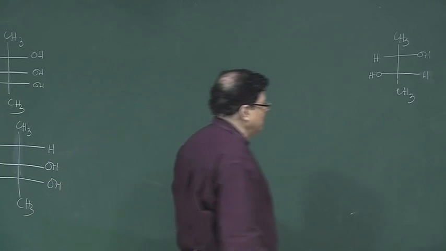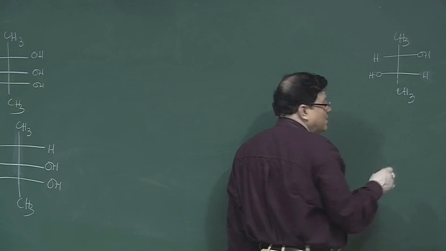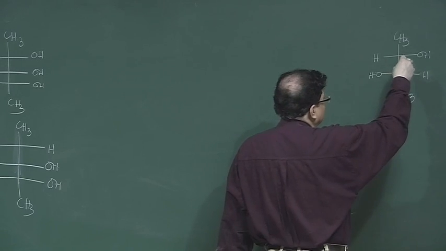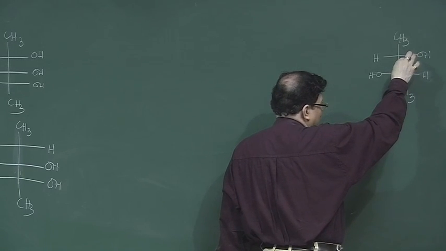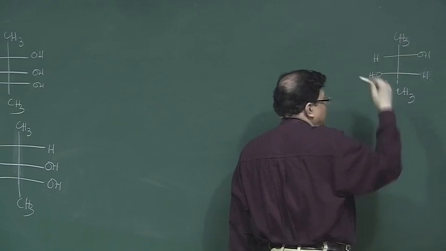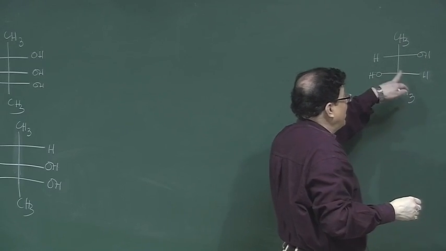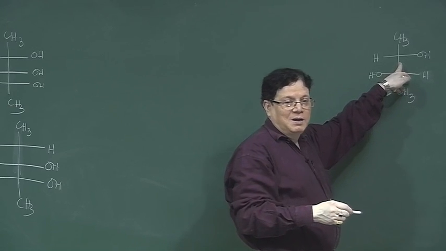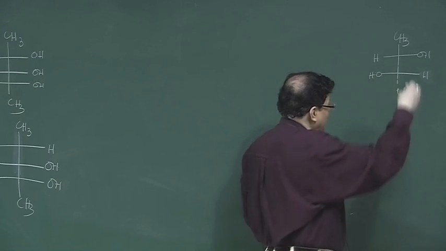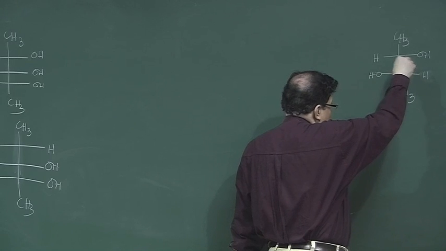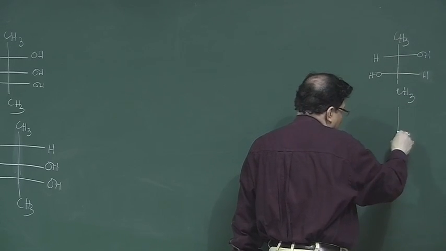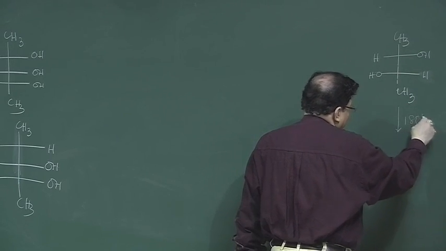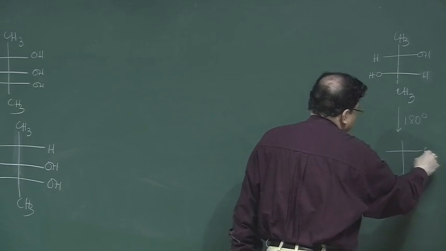So, it is optically active, but it has a C2 axis, because if you put an axis here and rotate it by 180 degrees, remember just now I said that a Fischer projection formula can be rotated in plane by 180 degrees, then what you get is the same molecule.